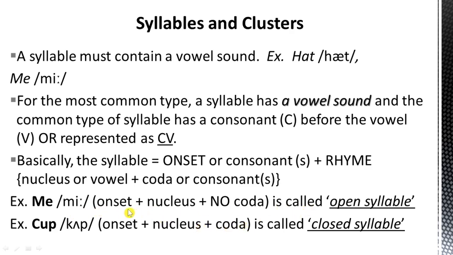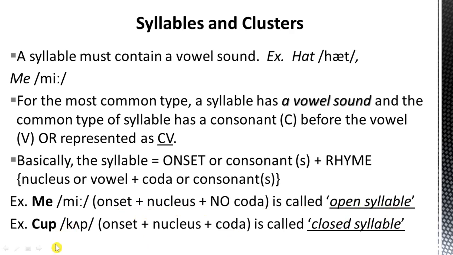When we talk about its structure, we have the onset, which is the consonant sound or letter M, and the nucleus, which is the vowel E, but no coda because there is no consonant at the end. For the rule of onset with nucleus, or consonant with vowel, we call it an open syllable.